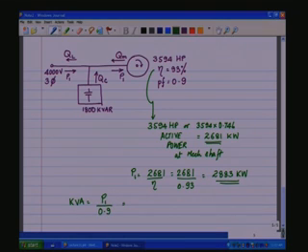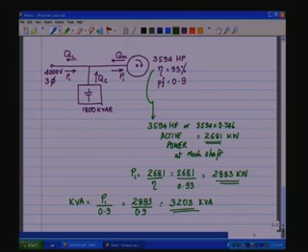That is 2883 by 0.9, which is 3203 kVA as far as the power is concerned.